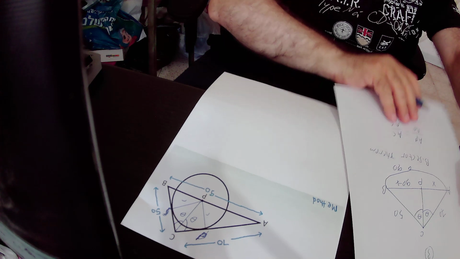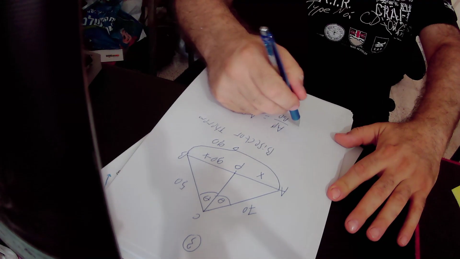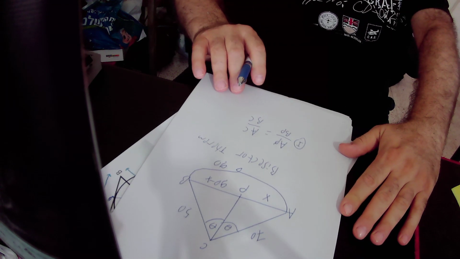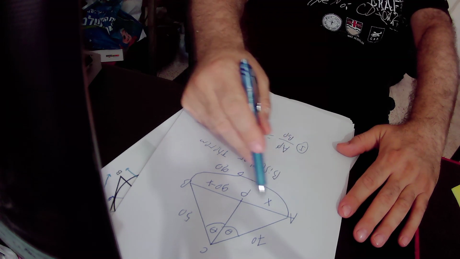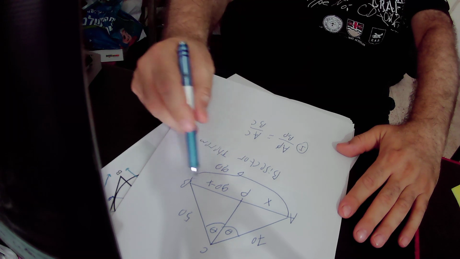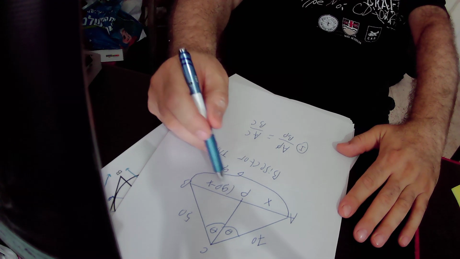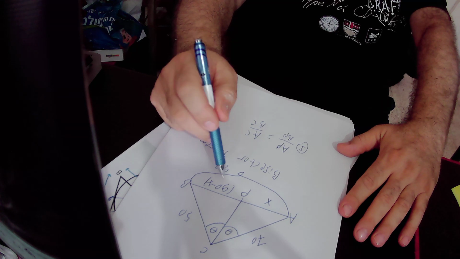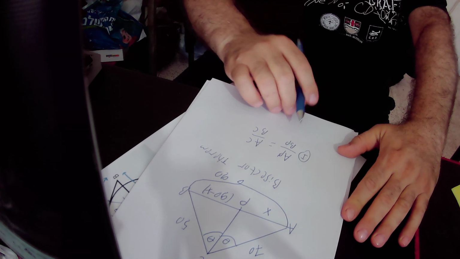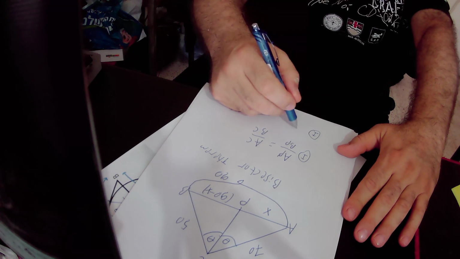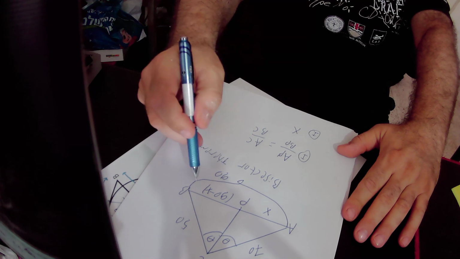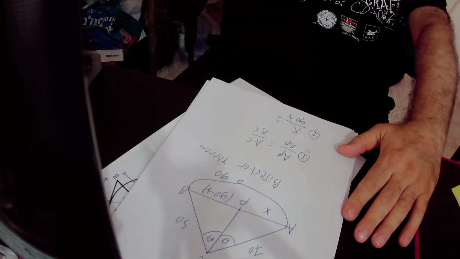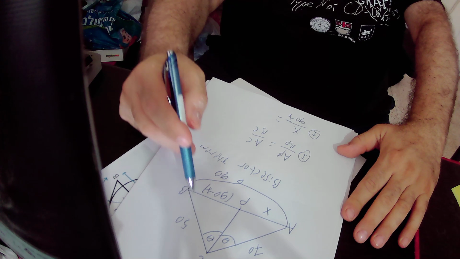So in equation 1, AP over BP equals AC over BC, we can substitute AP by X, because AP equals X, and BP by 90 minus X, because BP equals 90 minus X. So instead of AP over BP, we can write X over 90 minus X, equals AC over BC.